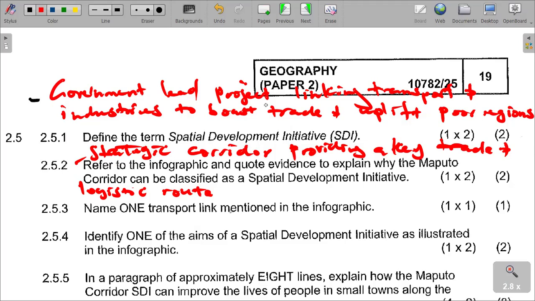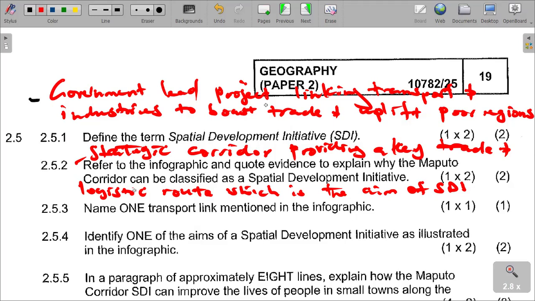Therefore, this is exactly the aim of an SDI. An SDI is strategically set to provide a corridor for trade and trading routes. So the Maputo Corridor is serving that function. It is classified as a spatial development initiative because of that purpose.